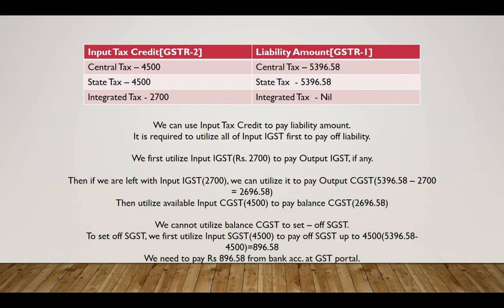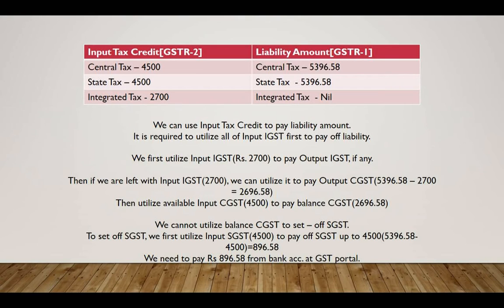We need to pay this balance liability amount by utilizing input CGST credit. So we will utilize 4,500 of input CGST to pay off the balance CGST amount. At this point we have set off the central tax amount completely, and we are no longer left with input IGST. Now we are required to set off the state tax liability amount, which is rupees 5,396 and 58 paise.